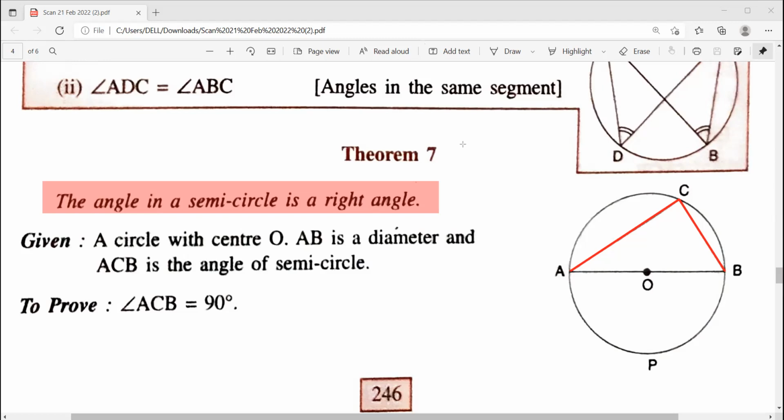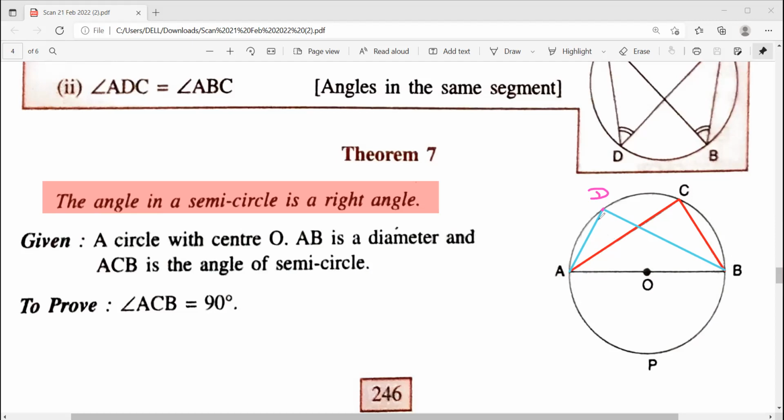See, I could have had another point on the circle, and I join that point with point A and point B. Say this point, I call it D. So now I can say that angle ADB is subtended by diameter AB on the circle.